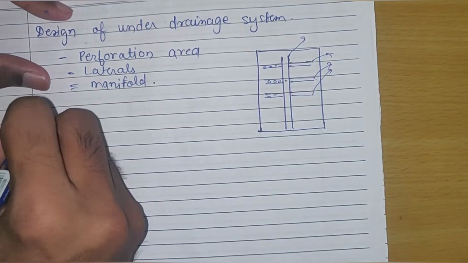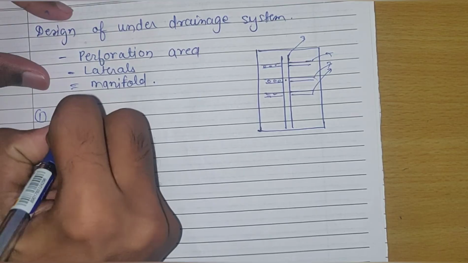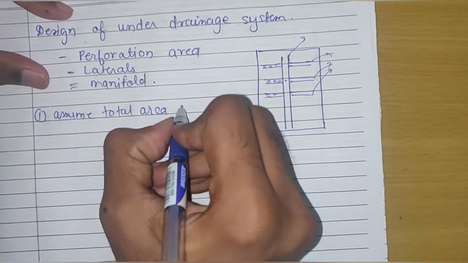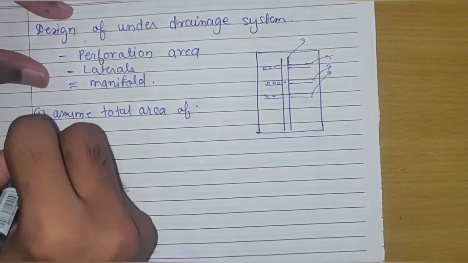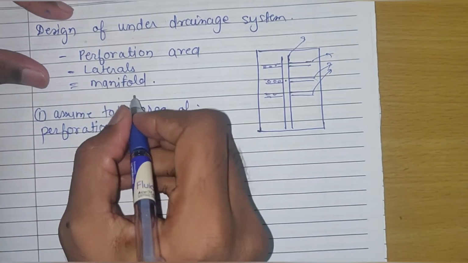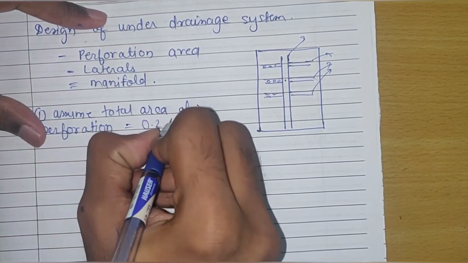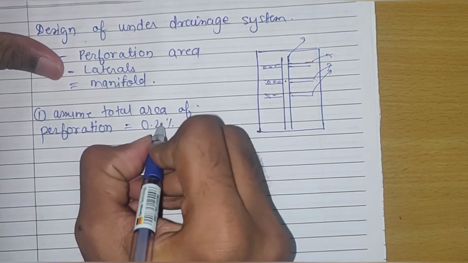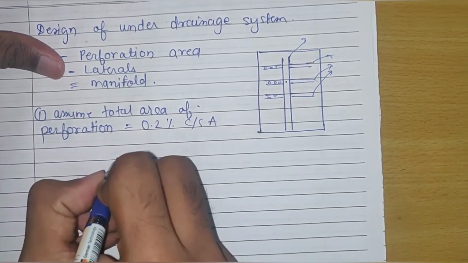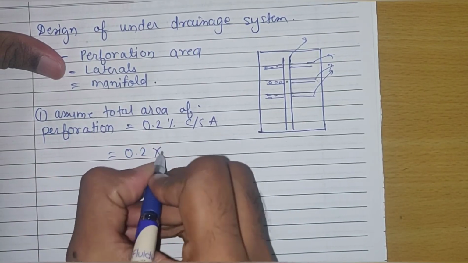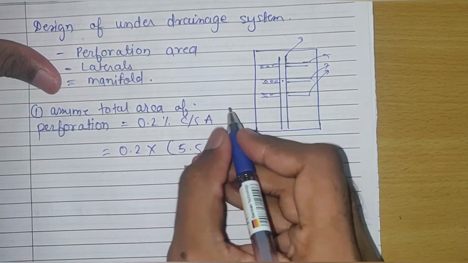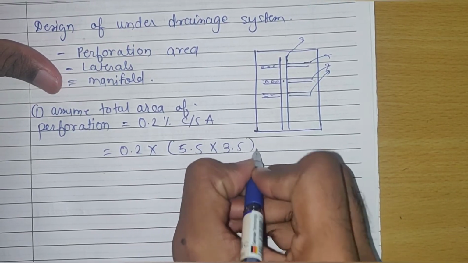First, let's assume the total area of perforation is equal to 0.2% of the cross sectional area. That is 0.2 times the cross sectional area, where length is 5.5 meter and breadth is 3.5 meter.